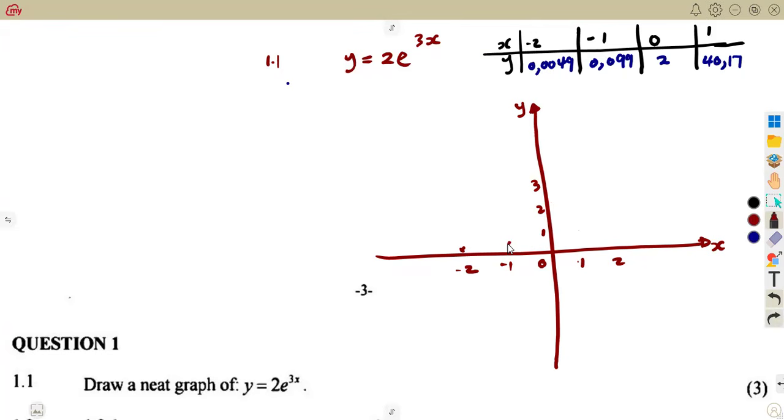Then at 0 it corresponds with 2, which is here. At 1 it corresponds with 40. It is going up, maybe somewhere there is where we have the 40 on top.